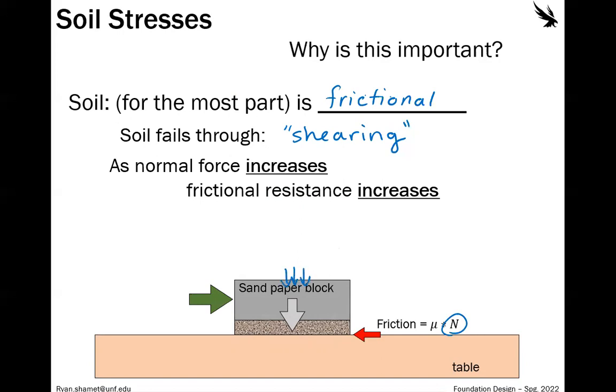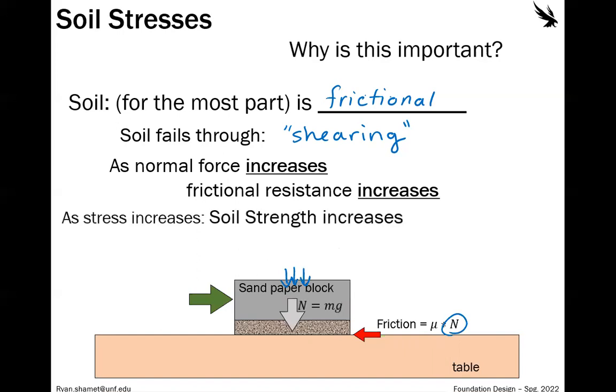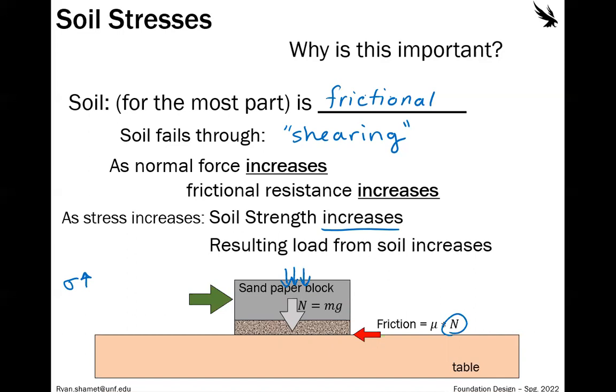So it's the same thing for soil. Generally, as that stress increases, as the sigma increases, we'll see the soil strength increase. But the resulting load on the soil will also increase, which will have its own issues. This is why stress is really important: it's normally proportional to the strength of the material, because its resistance to shear will increase.